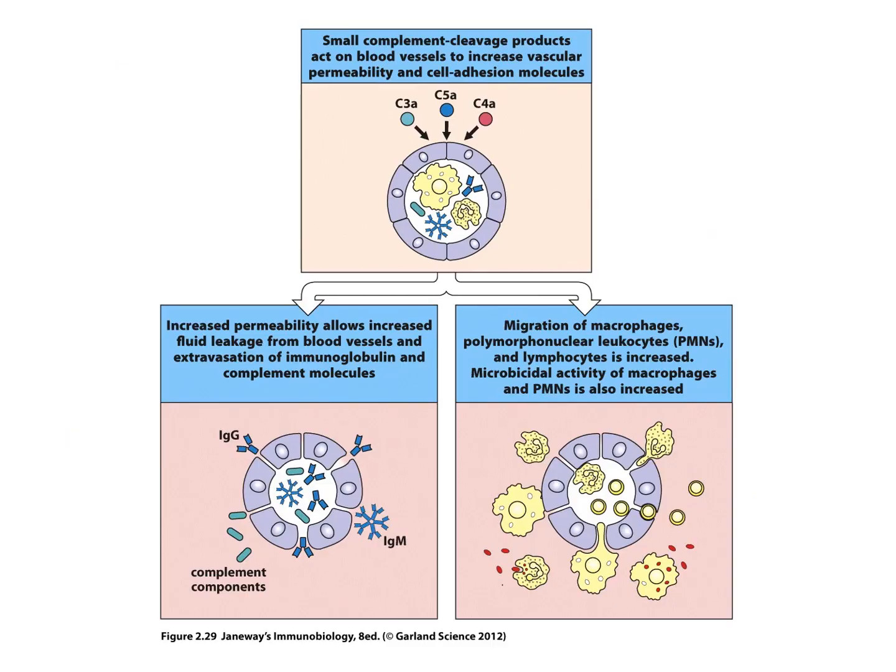When you're looking at the neighboring capillary beds, you get the fragments that are not directly involved in the cascade. C3a, C5a, C4a will actually interact with the endothelial cells lining the capillary bed. Here in the lumen is the blood flowing through. Here is the tissues surrounding the capillary.